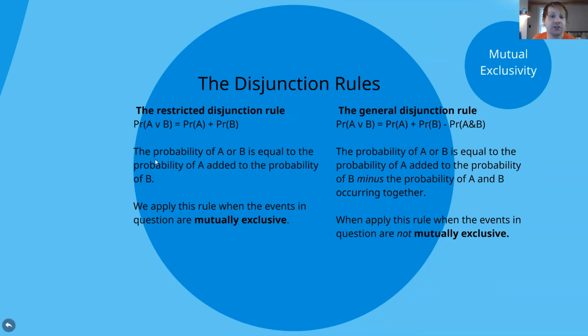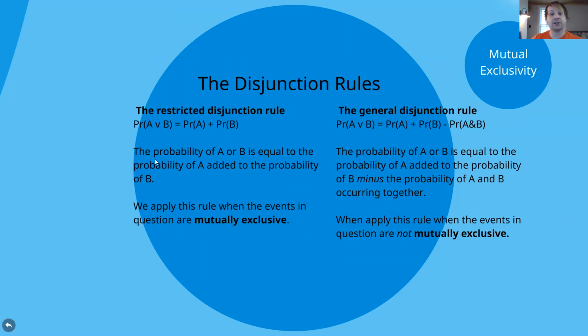The restricted disjunction rule says that the probability of A or B is equal to the sum of the probability of A and the probability of B. So the idea here is that if you want to say, well, what's the probability of getting a 1 or a 6 in a single roll of a die, then you would take the probability of getting the 1 and then the probability of getting the 6 and then sum those together. And once you take the sum, you have the probability of one or the other happening.